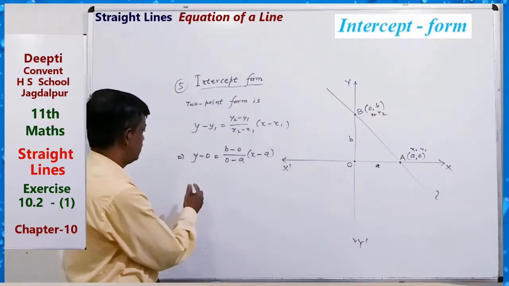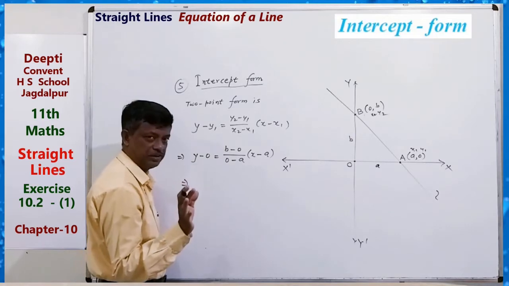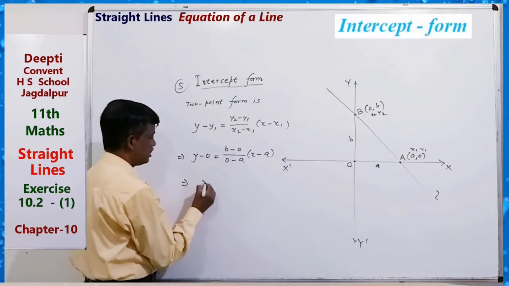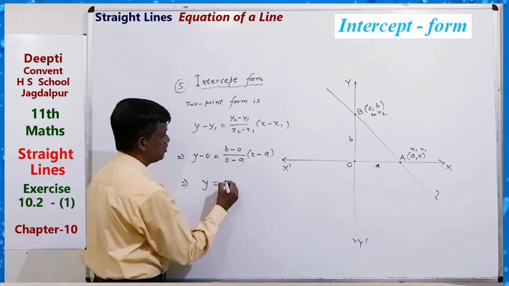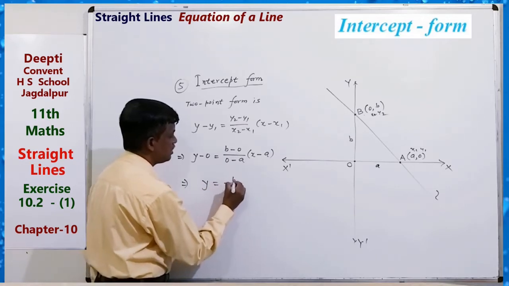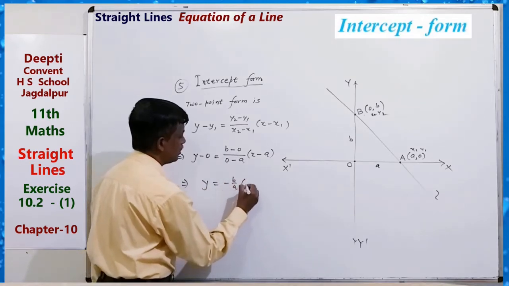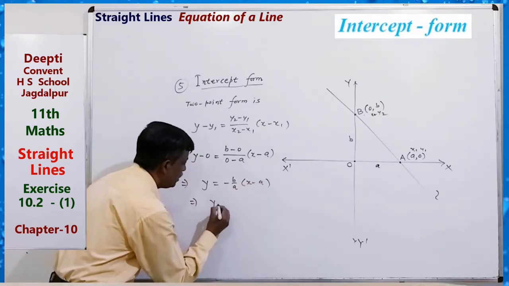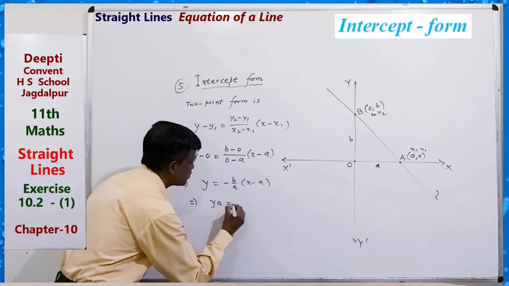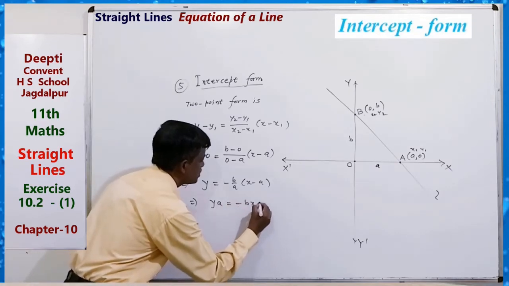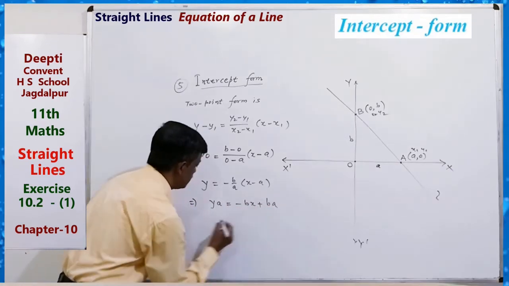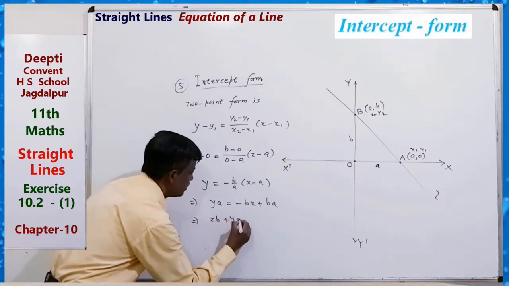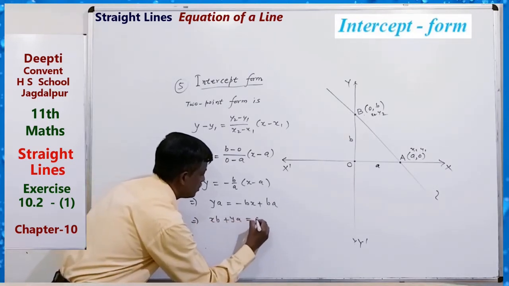Then we can get from here the format, a x-intercept, b y-intercept. So here y equals minus b by a times x minus a. Just solve it. Ya equals minus bx plus ab. So here we see that xb plus ya equals ab.